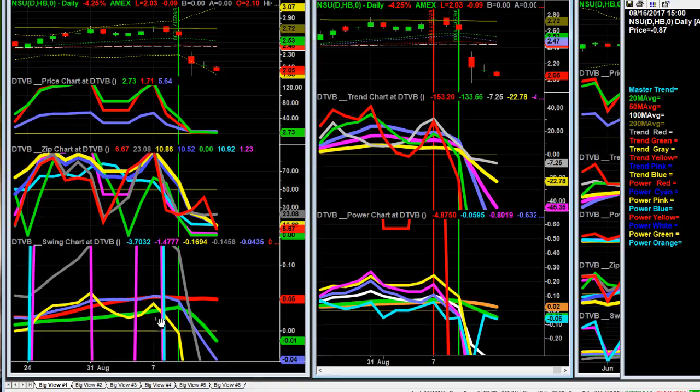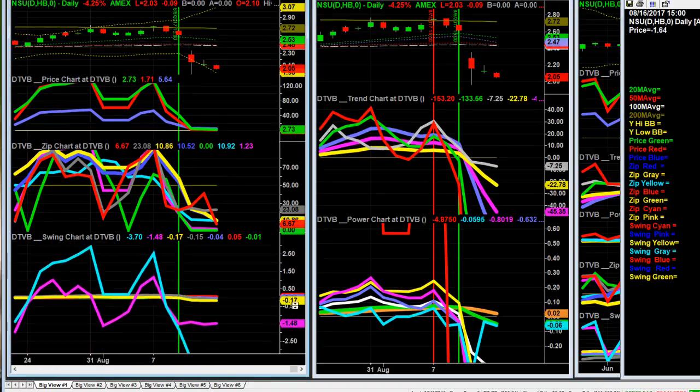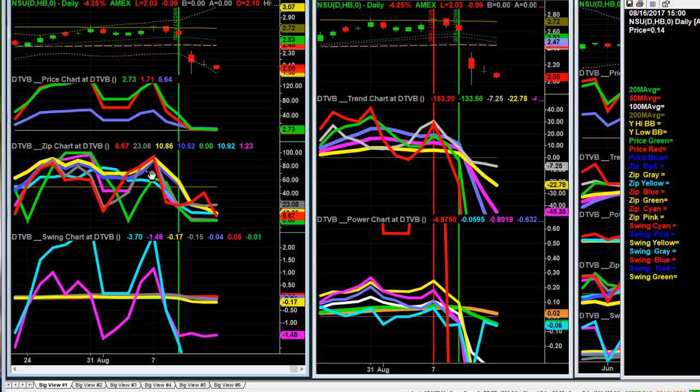You have swing yellow in the same movement. You have swing Zion and swing pink in the same movement, so that's 11. You have zip red, yellow, blue, gray, and pink in the same movement.